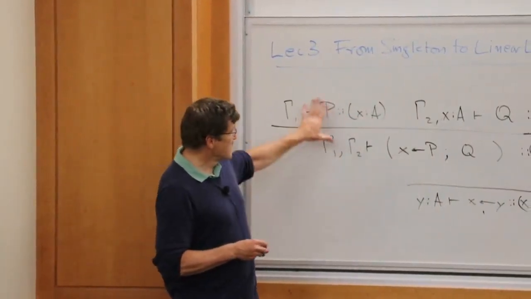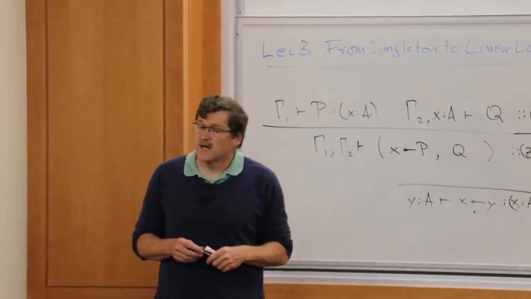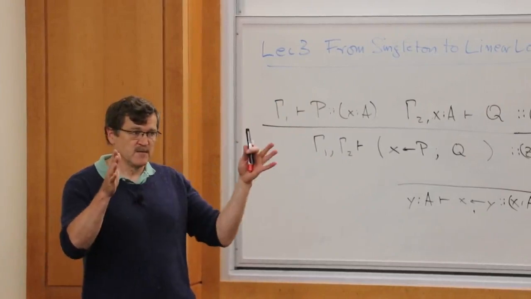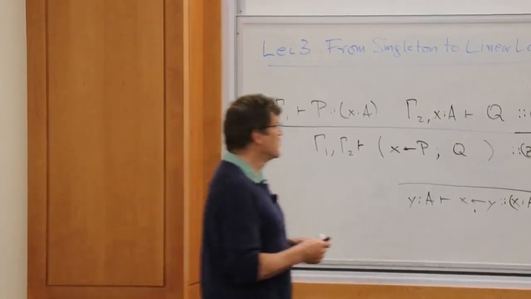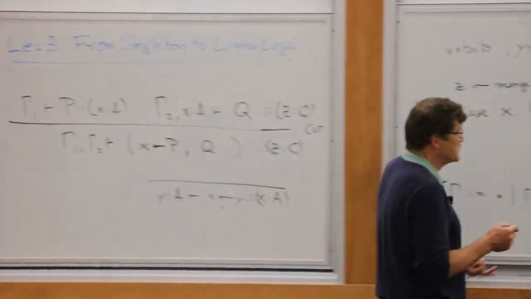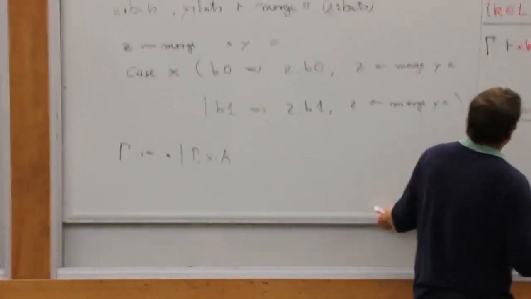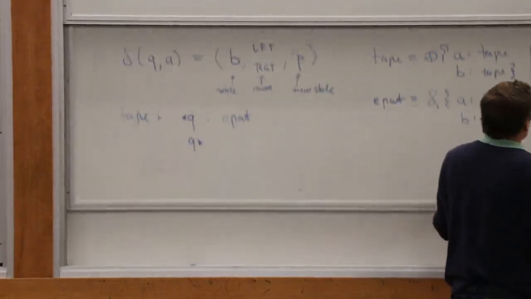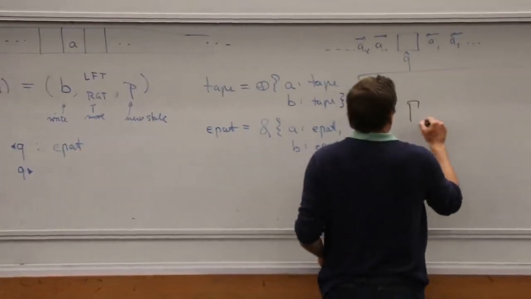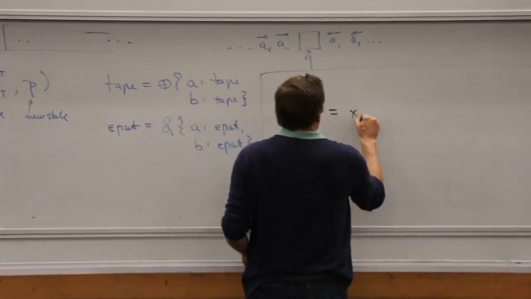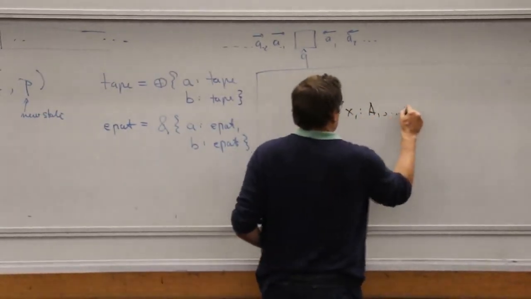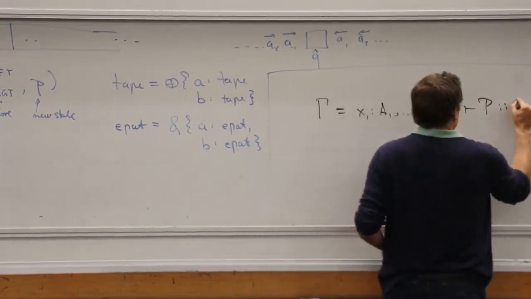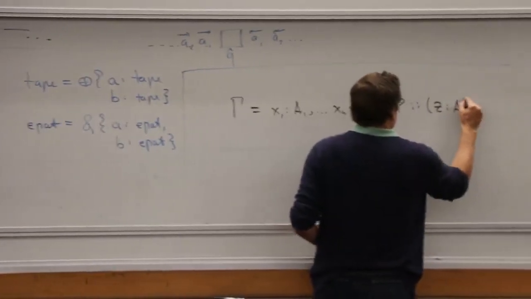Okay, and because of the way that the logic is constructed, whenever the processes run, they describe some kind of a tree. Okay? So if we have a context gamma, which is x1 colon A1 through xn colon An, and then we have P, which does that.